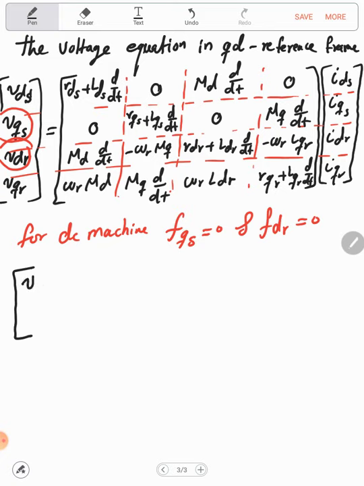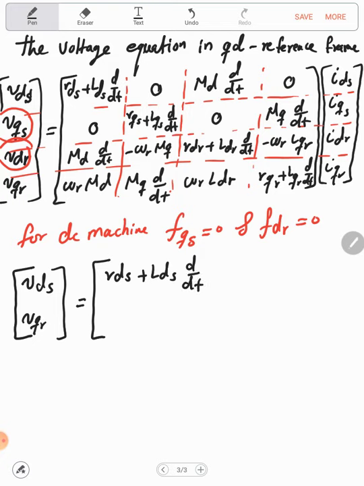VDS, VQR, which will equal RDS plus LDS d by dt, the first term here, multiplied by IDS. Then this will be 0 here.